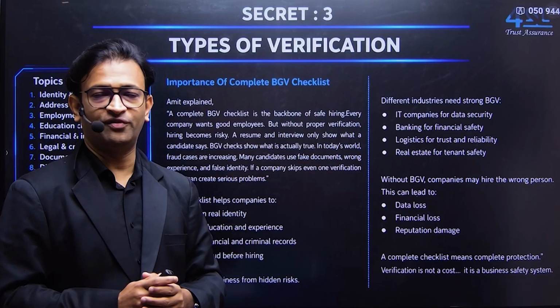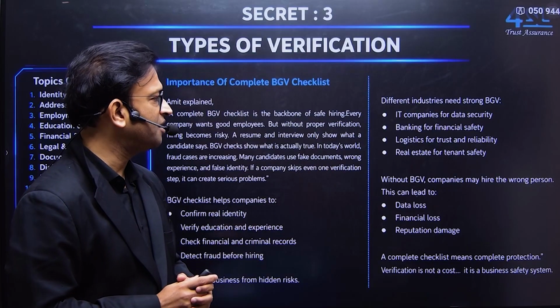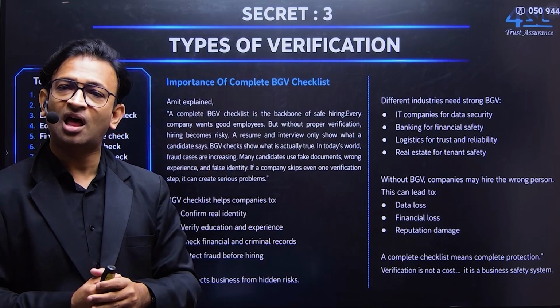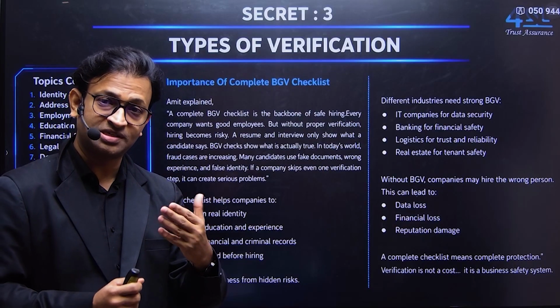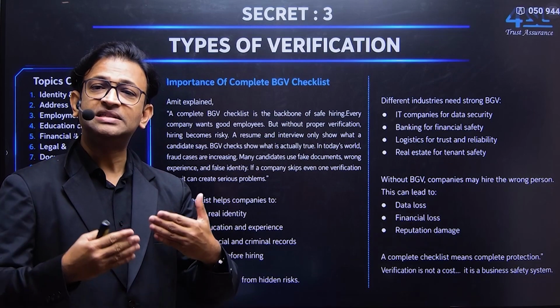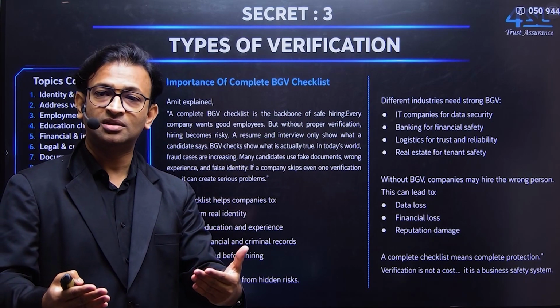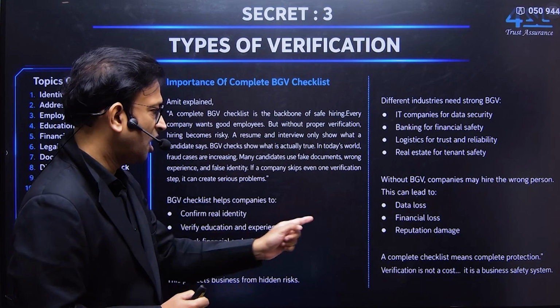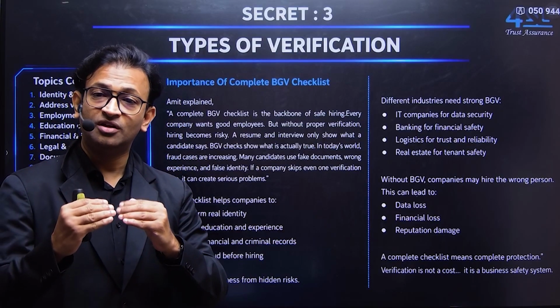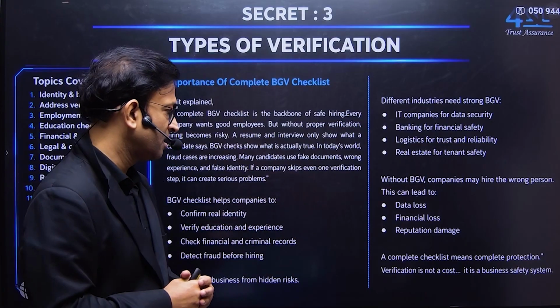Without BGV, companies may hire the wrong person, and of course, as we had mentioned in the last chapters and secrets, this can lead to reputation damage, data loss, and financial instability. A complete checklist means complete protection from fraudulence.